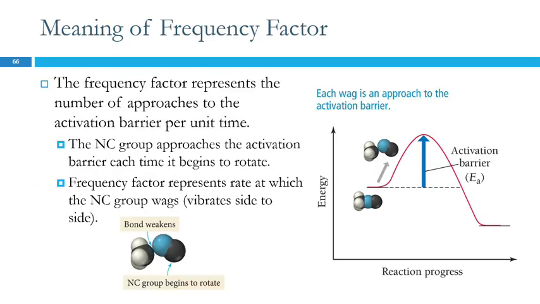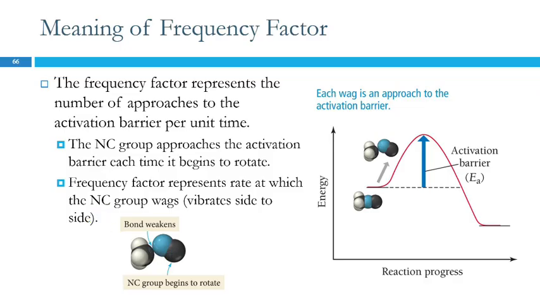So the frequency factor is how many approaches to the activation barrier occur per unit time. For this example, that NC group approaches the activation barrier each time it begins to rotate. So it starts to rotate and it didn't quite make it. It comes back down, and it tries again. That frequency factor represents the rate at which that NC group vibrates from side to side.